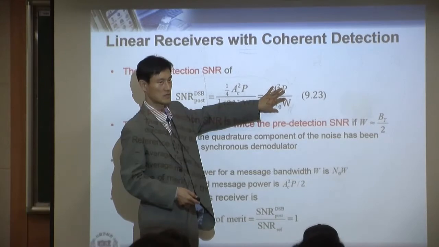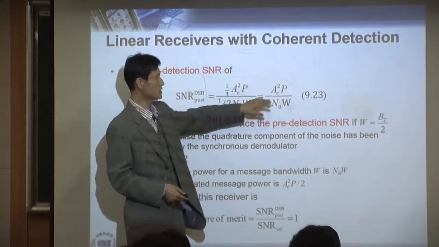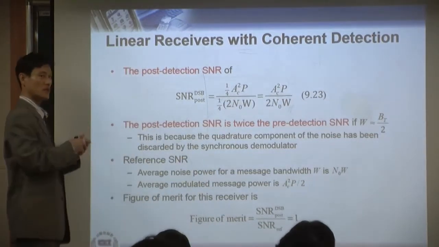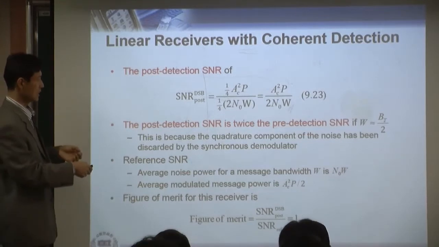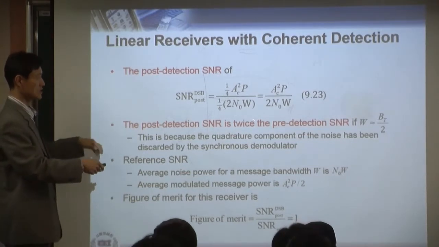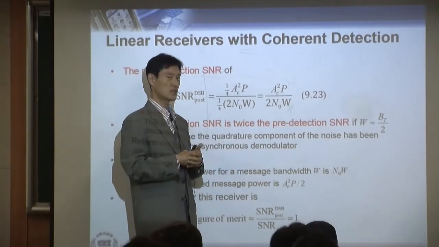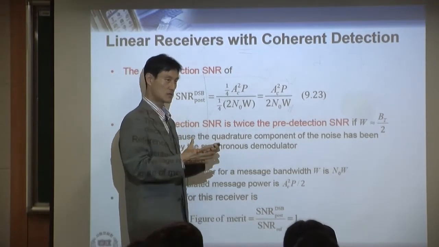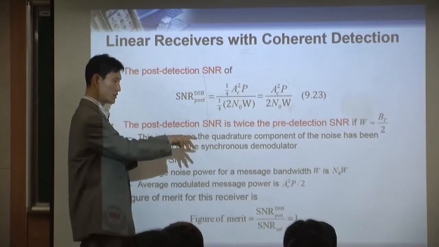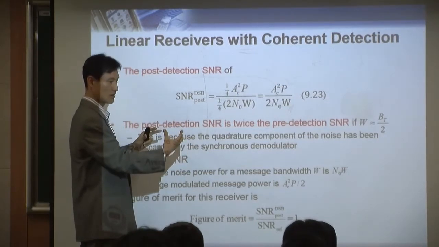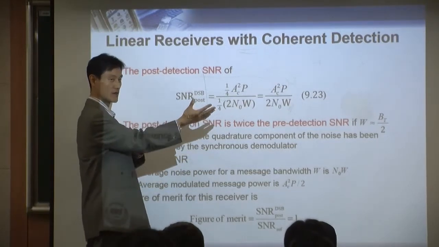Okay, post-detection SNR. When you compare this post-detection SNR with the pre-detection SNR, you know that the post-detection SNR is twice higher than the pre-detection SNR, which means that when you go through our coherent detector, the SNR gets better.